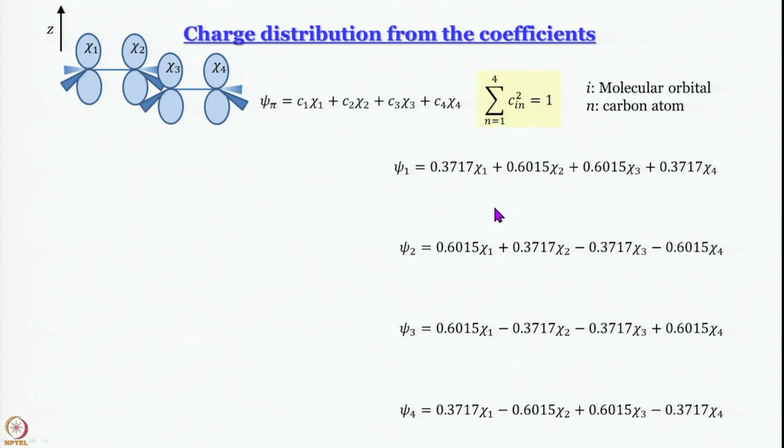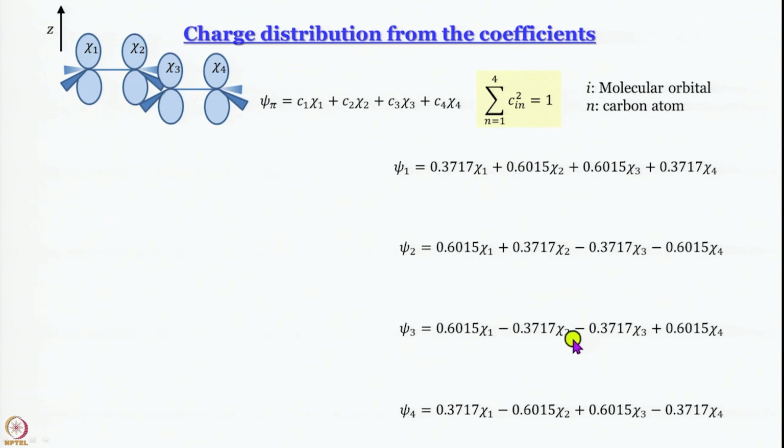All this treatment is available in McQuarrie's quantum chemistry book as usual. So, Cin, what is that? Cin is the coefficient of the ith molecular orbital in the nth carbon atom. So, for example, this minus 0.3717 is the coefficient of molecular orbital number 3, very bad example, in carbon atom number 3.